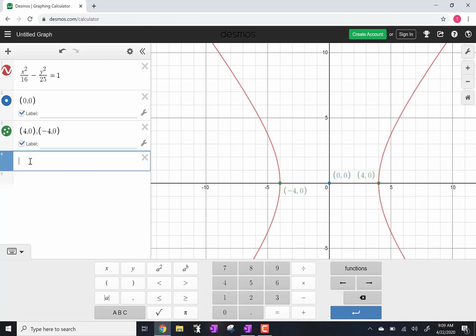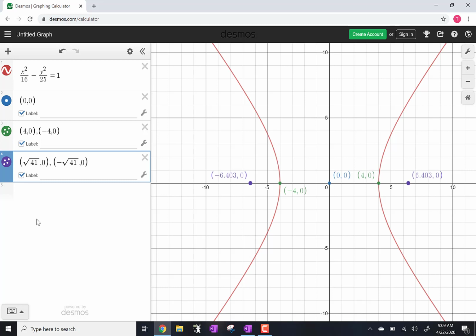The foci is the square root of 41 comma 0 and negative square root of 41 comma 0. Right, so there we can see the foci.